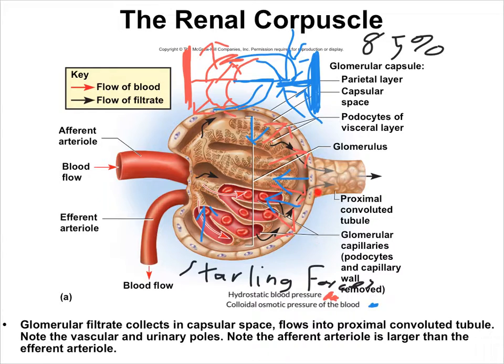This is a capsule, and it's possible to fill that capsule so much that it actually exerts back pressure. So that's going to be our next force, hydrostatic back pressure.